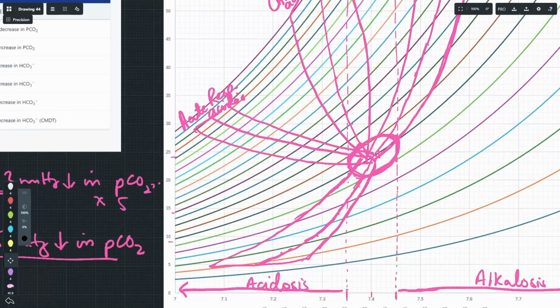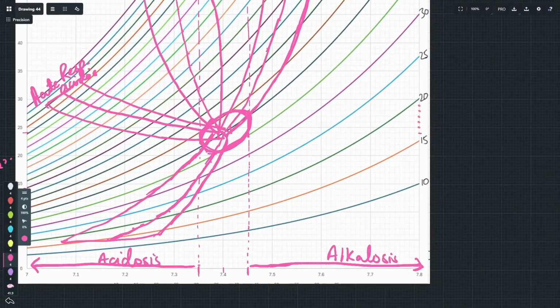So let's draw this. Start from here, and if we talk about 5 unit, that would be here, so there would be how much? 1 unit. So 1 unit is here, then 1 unit is here.